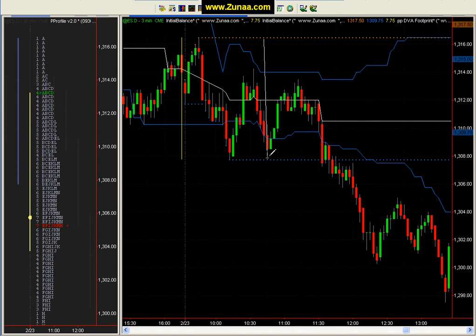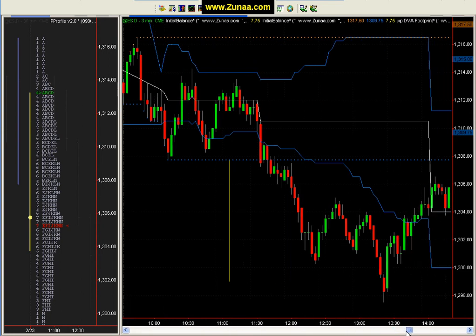Now there's a lot of different ways you can use the initial balance, but if you just double the initial balance, you can use the functions provided to take the initial balance range and then add it to the initial balance high, or add it to the initial balance low, and you could use those as profit targets.